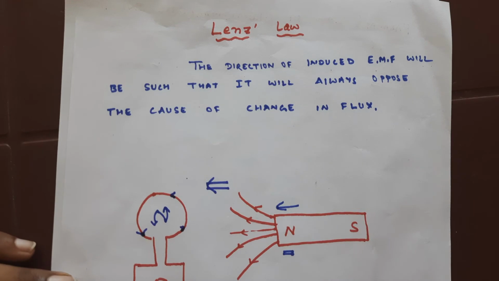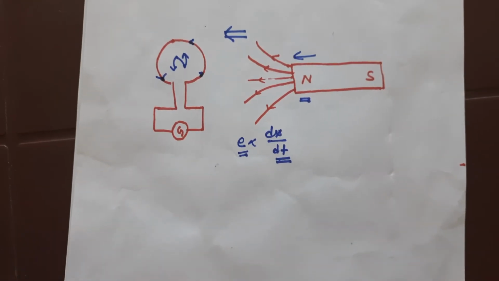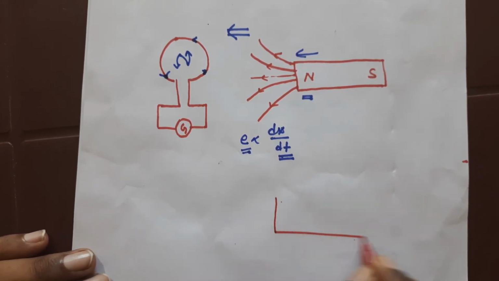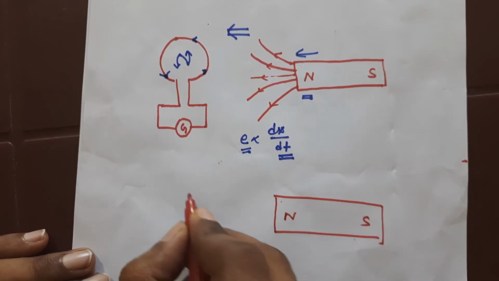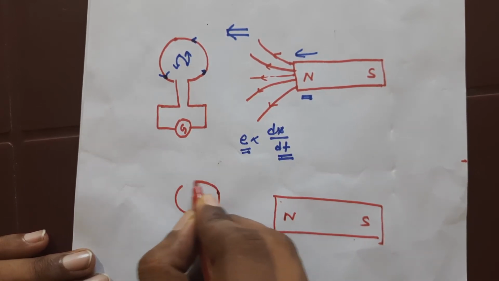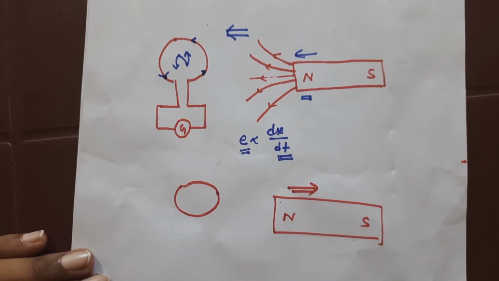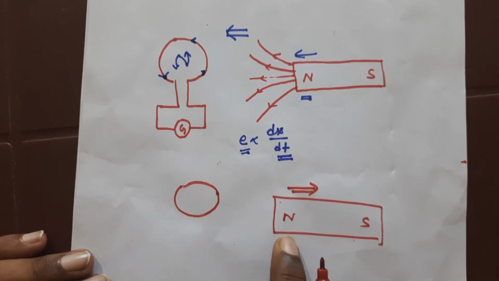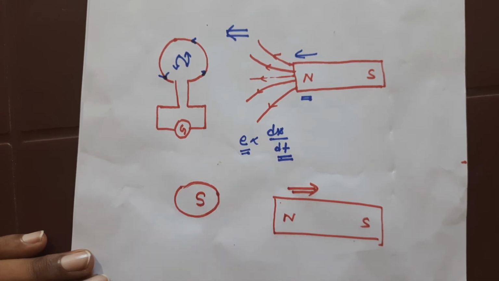The same thing happens if the magnet is brought away from the coil. What will happen? The face of the coil facing the north pole will have a south pole developed over here.